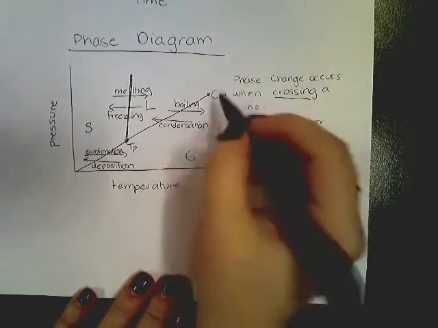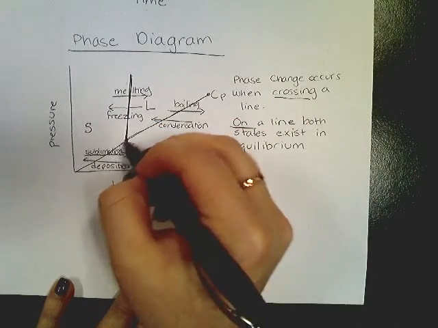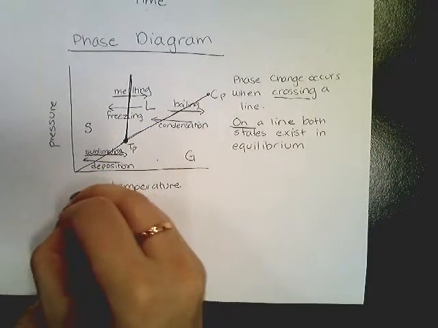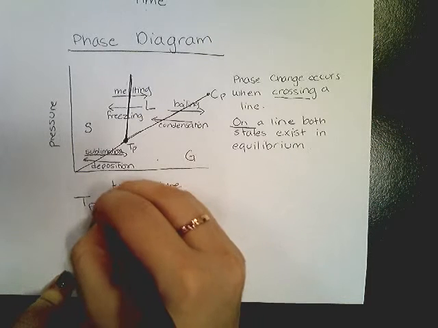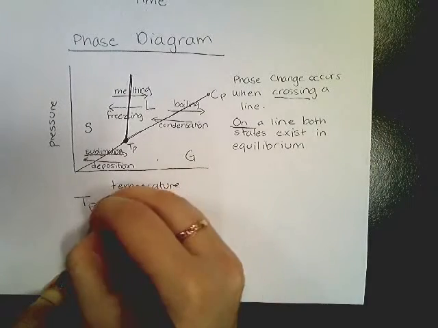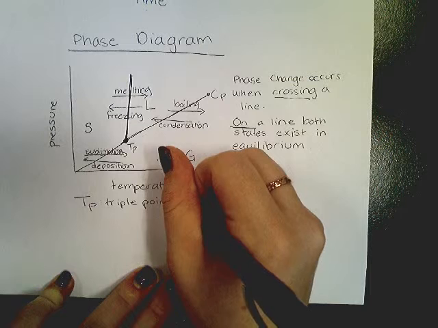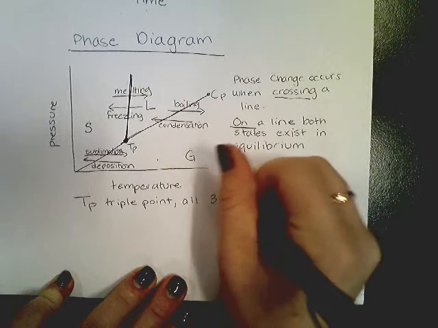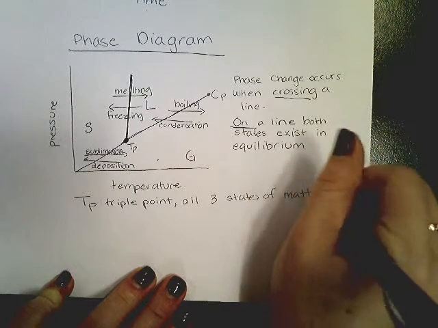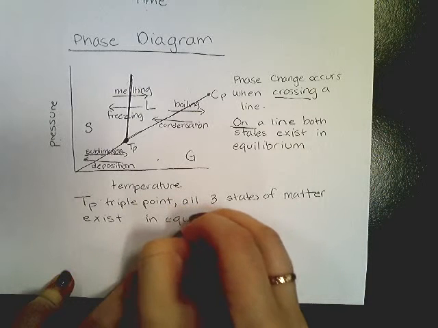You'll notice that there's a point where all three states are touching. That's my triple point. So TP, which is our triple point, at the triple point, all three states of matter exist in equilibrium.